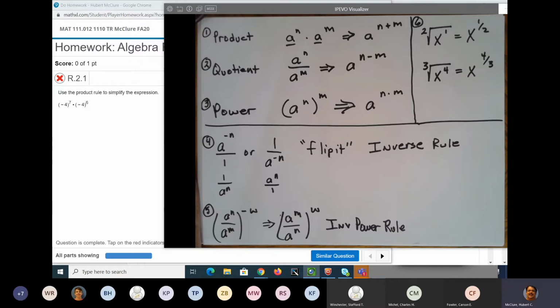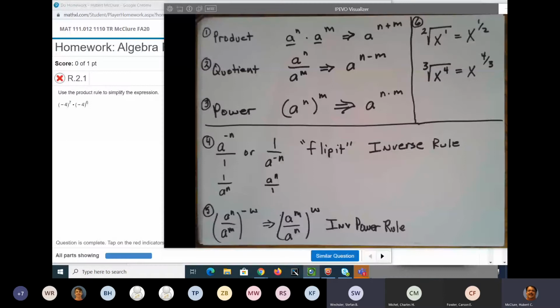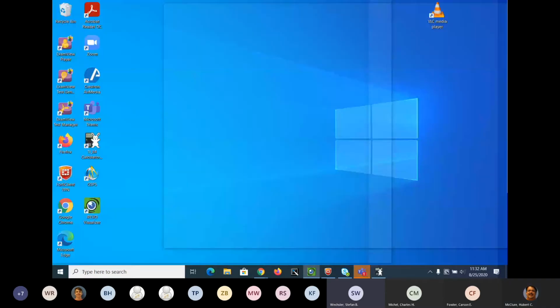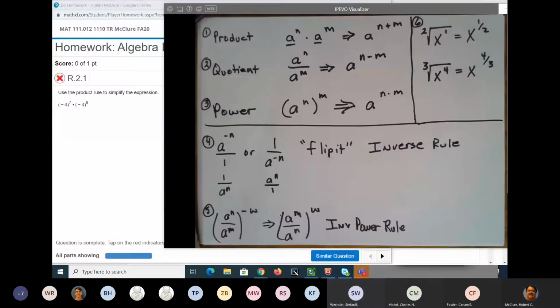Yeah, I have a question. Yes. On the inverse rule, when you move the numerator into the denominator, does the exponent not become positive? On the inverse power rule?